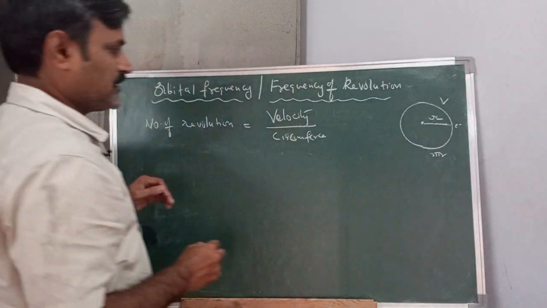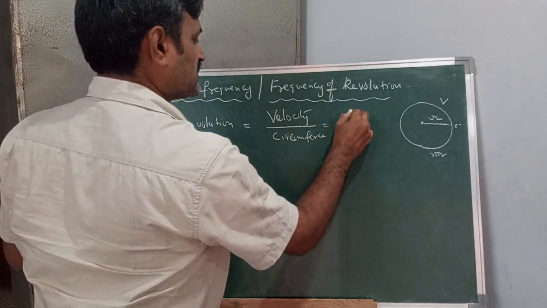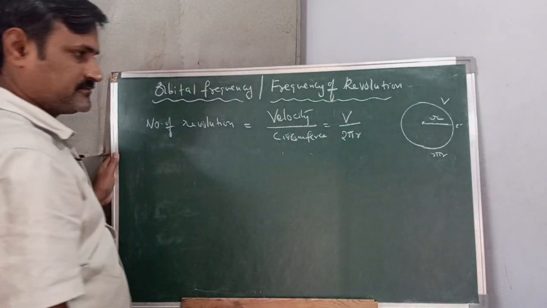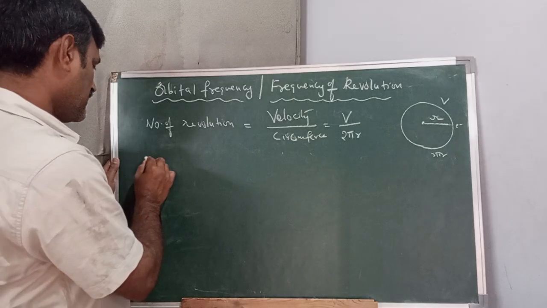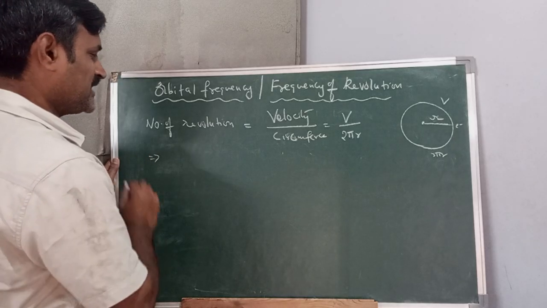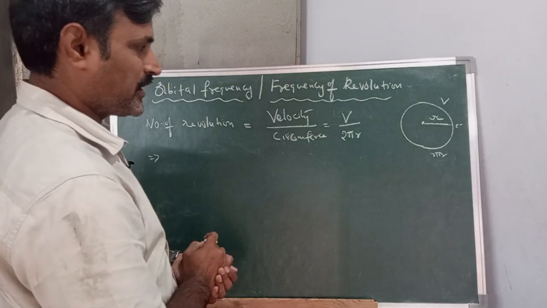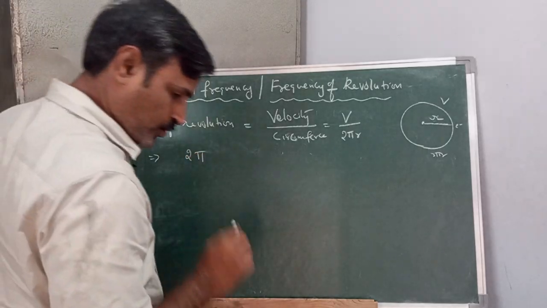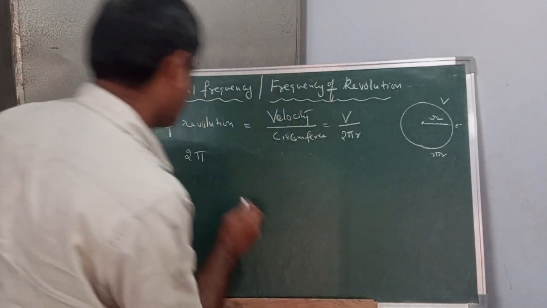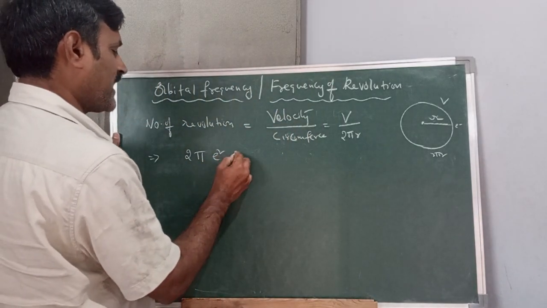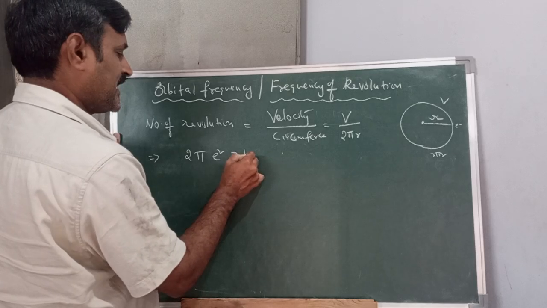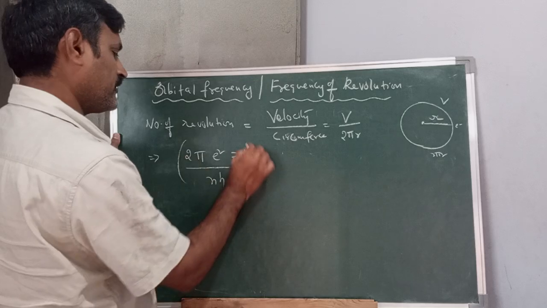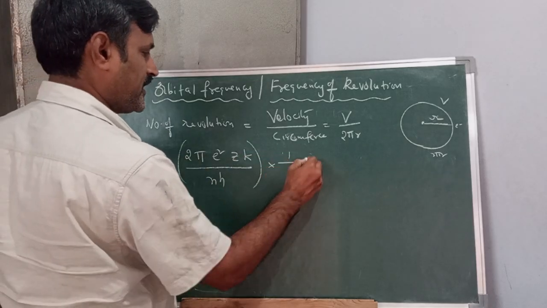Circumference covered. So here the velocity is v, and the circumference is 2 pi r if the radius is r. We already know the velocity formula; we derived it in the previous session. The velocity is 2 pi e square z k by n h, divided by 2 pi r.